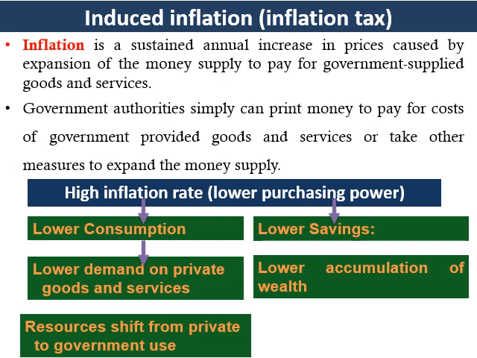On the other hand, for savings, inflation will also decrease the real value of accumulated savings held by citizens, which means that they will have a decrease in their wealth. If we compare this impact with the impact of taxation, we find that they are similar.